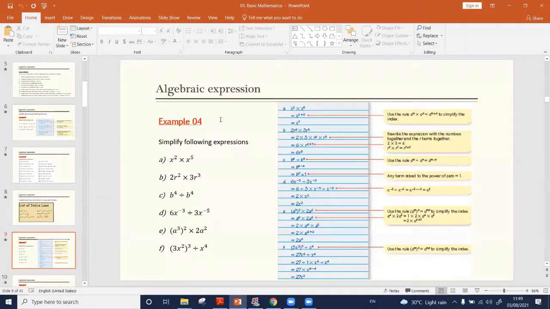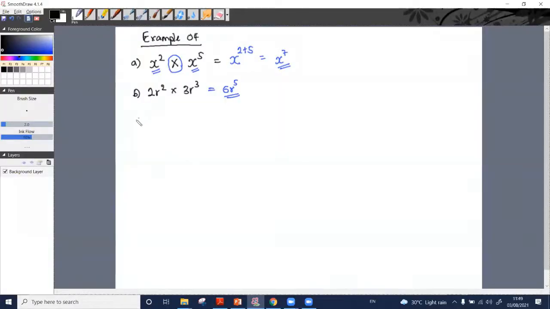Part C. b to the power 4 divided by b to the power 4. What should be the answer here? The base is the same.